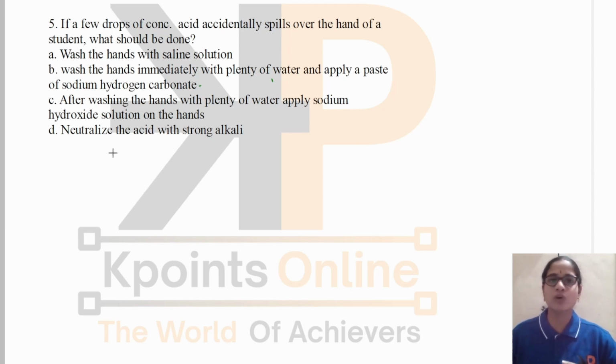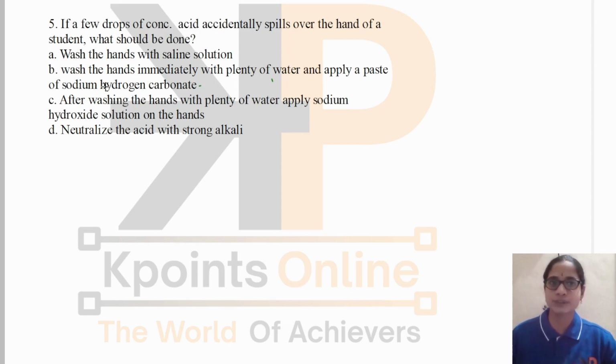What happens if concentrated acid accidentally spills over our hand? First, we need to wash our hands immediately with plenty of water. Then we need to apply a mild base on it. Otherwise, if you apply a corrosive base or a very strong base like sodium hydroxide, our skin will be affected again. So we should apply a mild base on it to neutralize the excess acid there.